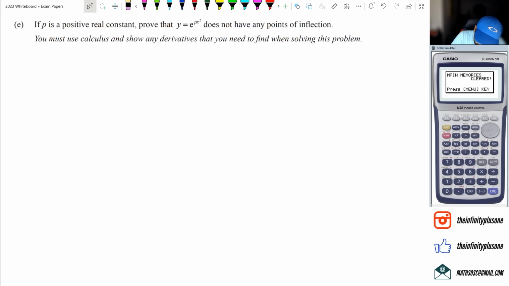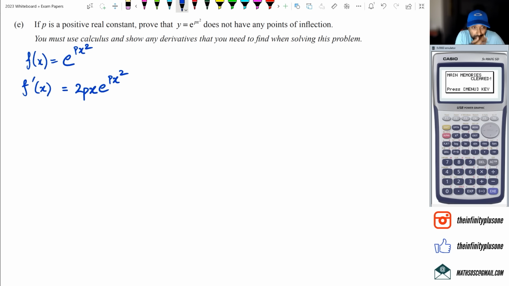So what we've got here is f of x, always working with f of x, is e to the power of px squared, which means f dash of x is going to be the differentiation of px squared, which is 2px, multiplied by e to the power of px squared. So nothing really changes there. And then I've got to double differentiate it, and what I've ended up with is a product rule.